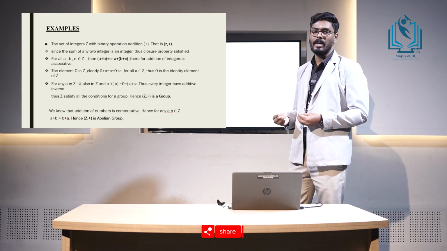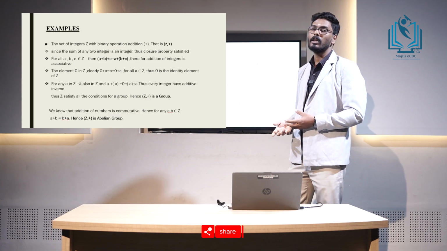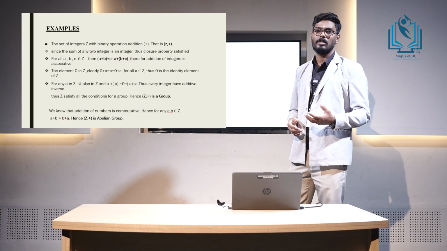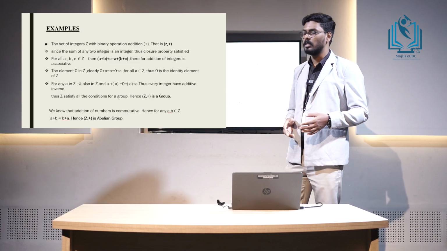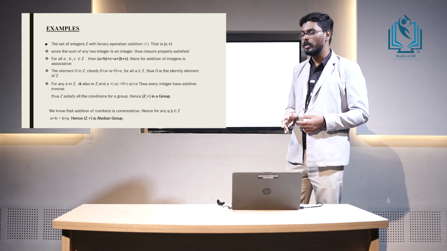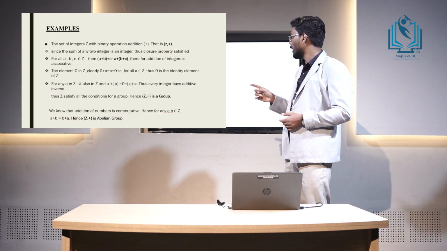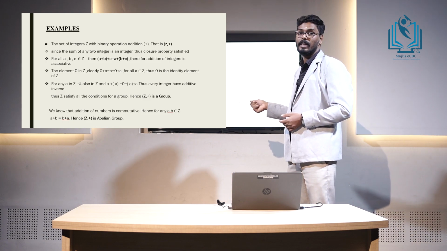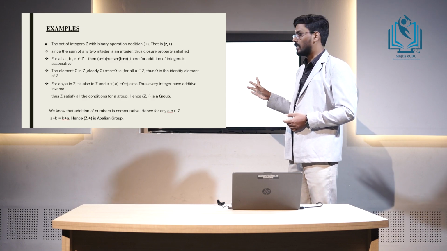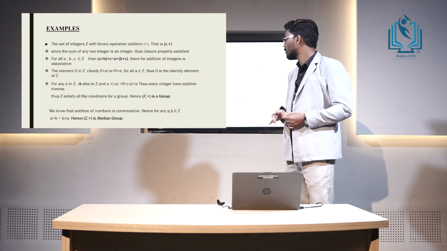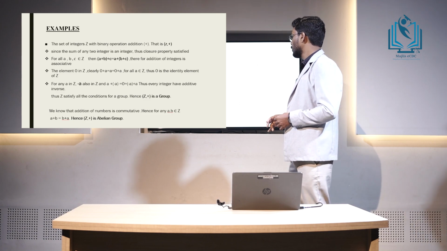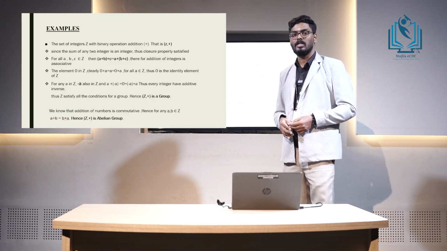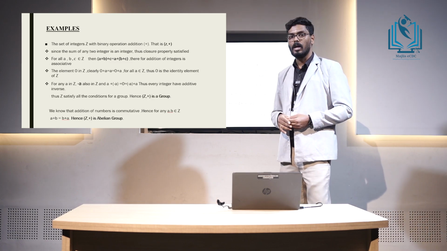We know that if A is in the set, minus A will also be in the set. For example, if 1 is an integer, minus 1 is also an integer. If 2 is an integer, then minus 2 is also an integer. Now we check A plus minus A. By doing that we get 0, the identity element of the set. Same for minus A plus A as well. Thus every integer has an additive inverse. Thus we have checked all the conditions of a group and all are satisfied.